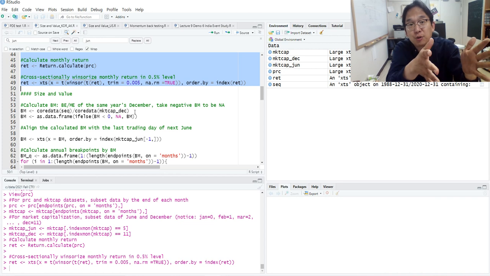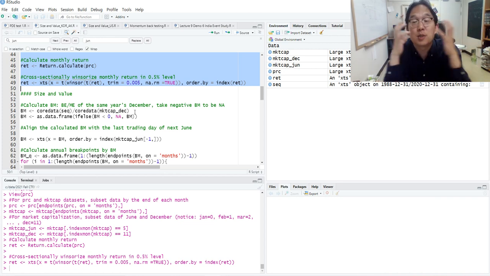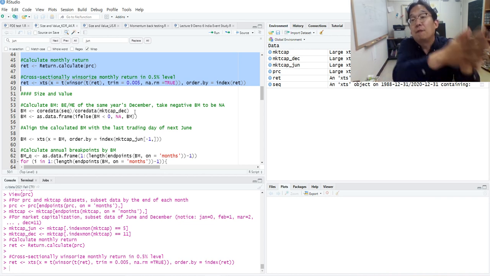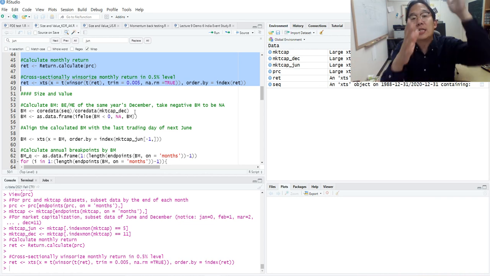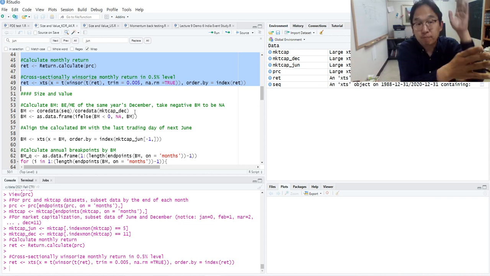January or February time, it was invisible from the perspective of the investors. So that's why we're going to give enough time and rebalance later as of June. But for the calculation of the book to market ratio, it has to be based on the December time.